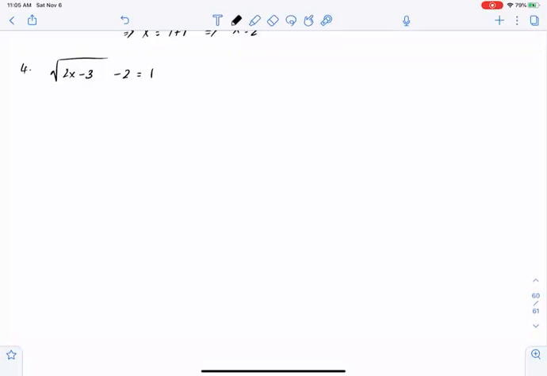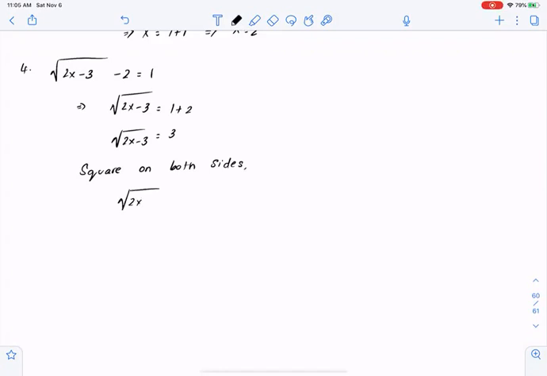So I'm going to move a number to the other side. So square root of 2x minus 3 equals 1 plus 2. 1 plus 2 is 3. Now I'm going to square on both sides. So square root of 2x minus 3 squared would equal 3 squared.